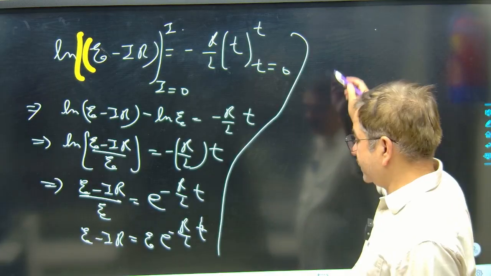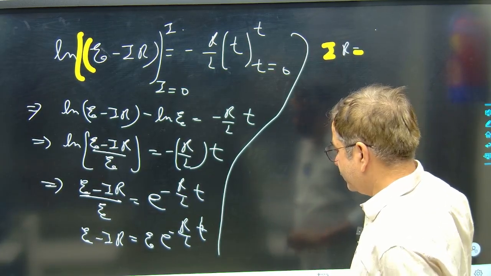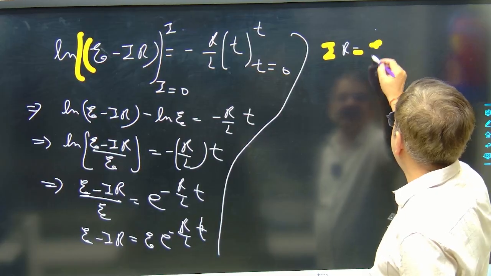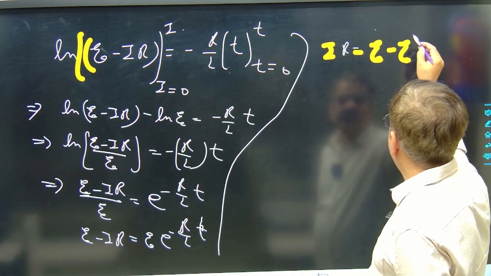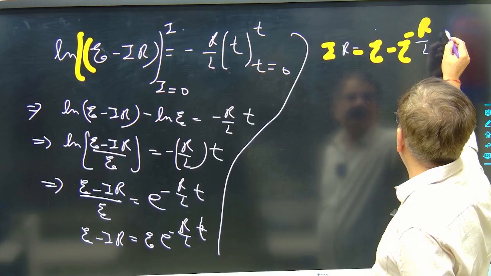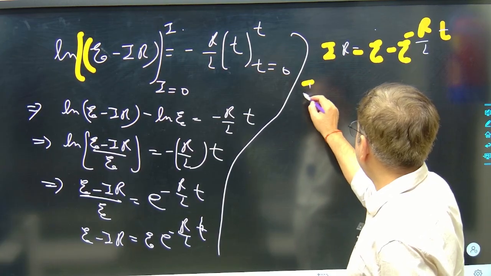So further, if I put the value for current, what is the value of IR?